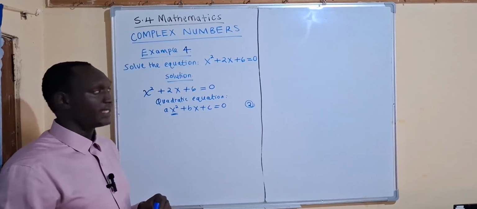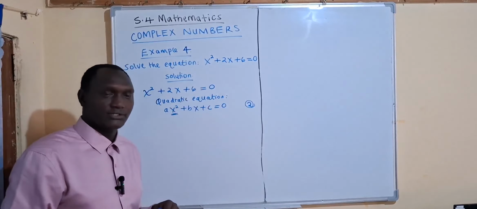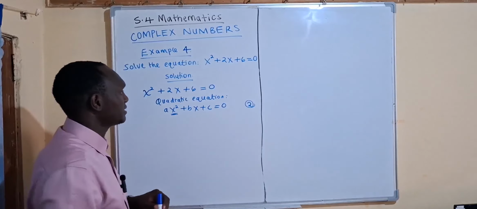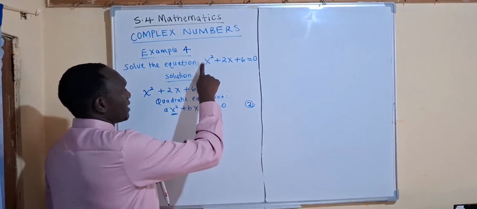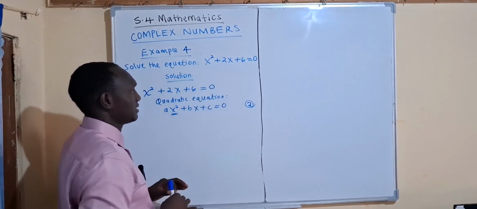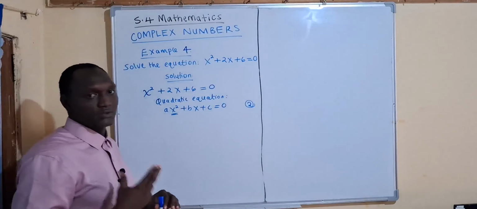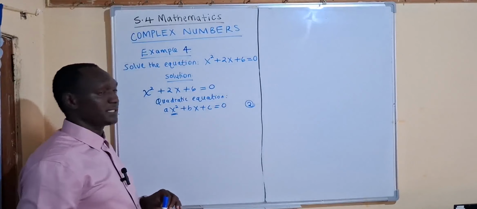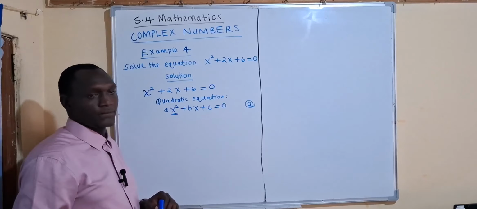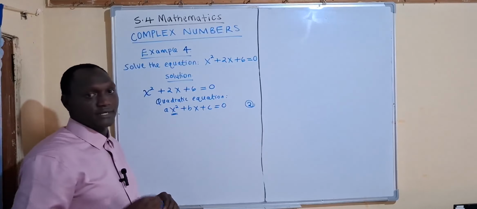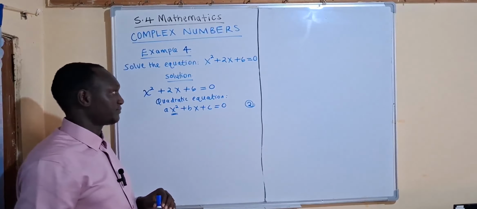But the issue arises, for example, if you want to try the factorization method, that means the product becomes 1 times 6, that is 6, and the sum is positive 2. What are the two numbers that when you multiply you get 6, and when you add you get 2? It is really very hard, and you find that this number has no factors.